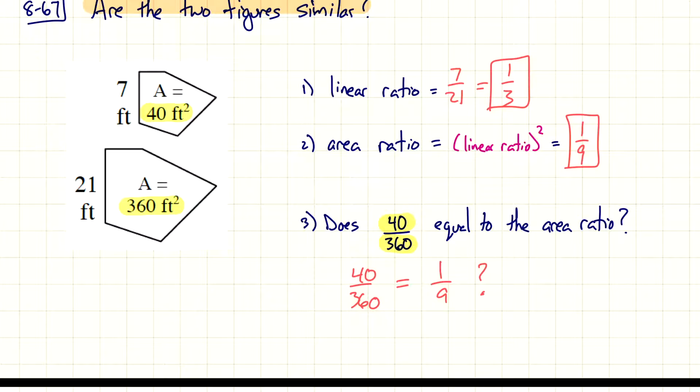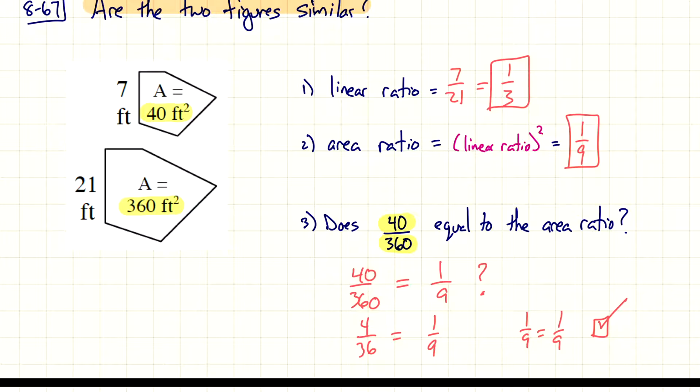You tell me. All right, if you did this correctly, it looks like those two are the same, right? 40 over 360 reduces to 4 over 36, which reduces to 1 over 9. All right, so 1 over 9 equals 1 over 9.